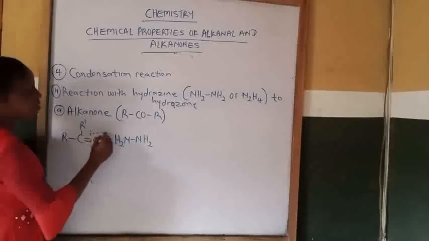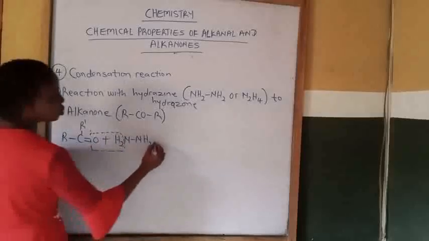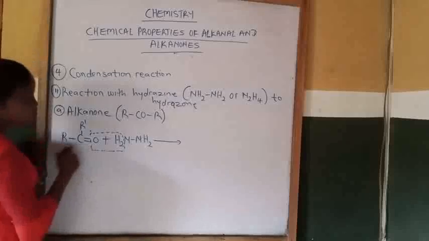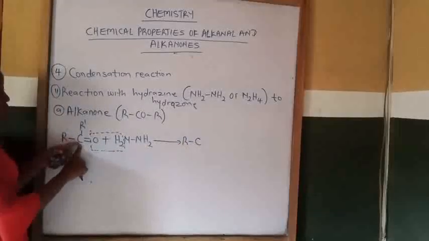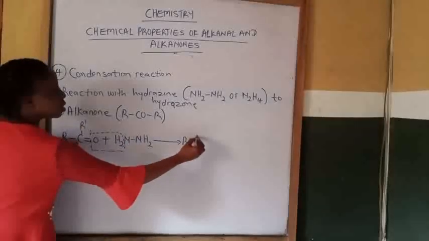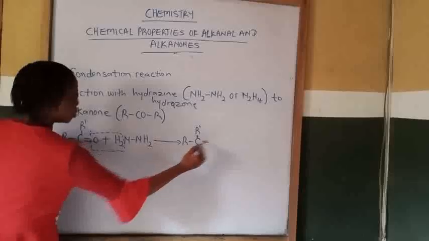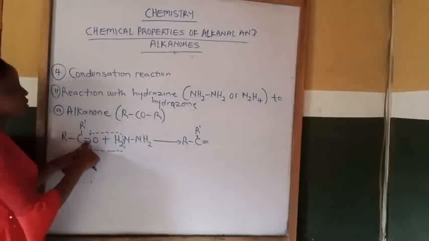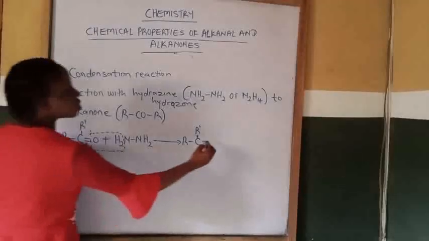So let's eliminate the water molecule. Then our product will be R, C with the second R, then double bond. The double bond will be bonded with the remaining reactant particle. That is what?